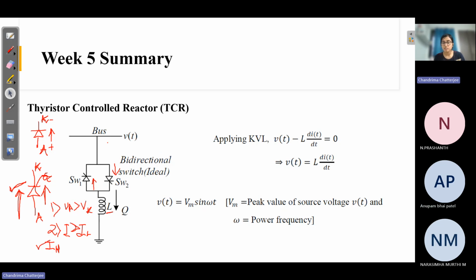Now if you just apply KVL here, then this is the KVL equation. This is Vt, the bus voltage, minus L di by dt equal to 0. So Vt becomes L di by dt.